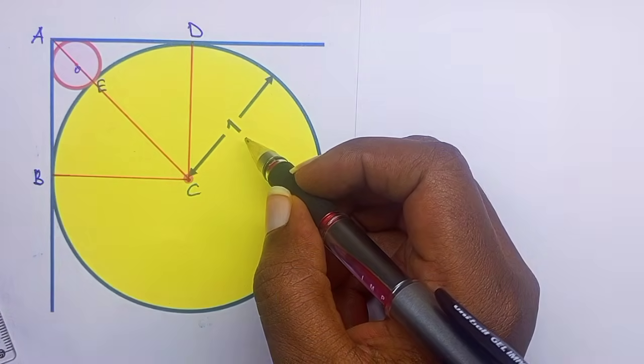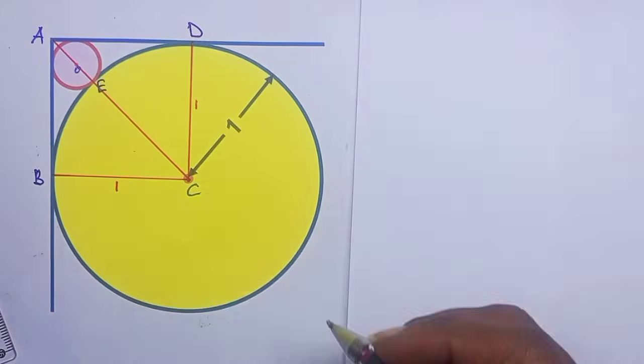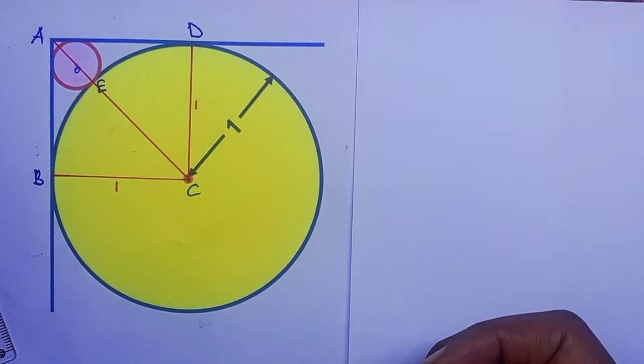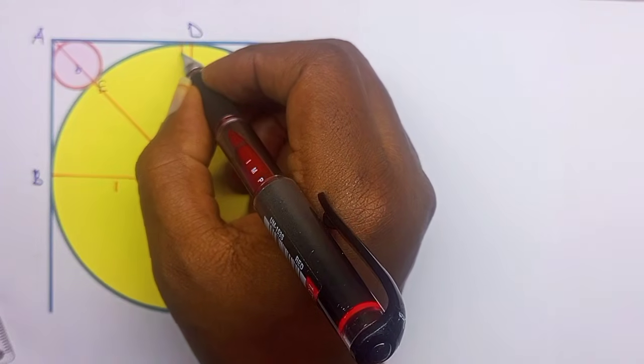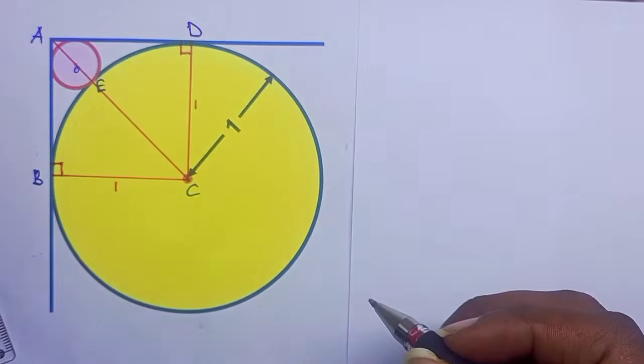And you know that the radius of the big circle is 1. So this is 1, this is 1. Now we know that from the tangent to a circle theorem, the angle formed by the radius and the tangent to a circle is 90 degrees. So this is 90 degrees. This is also 90 degrees.